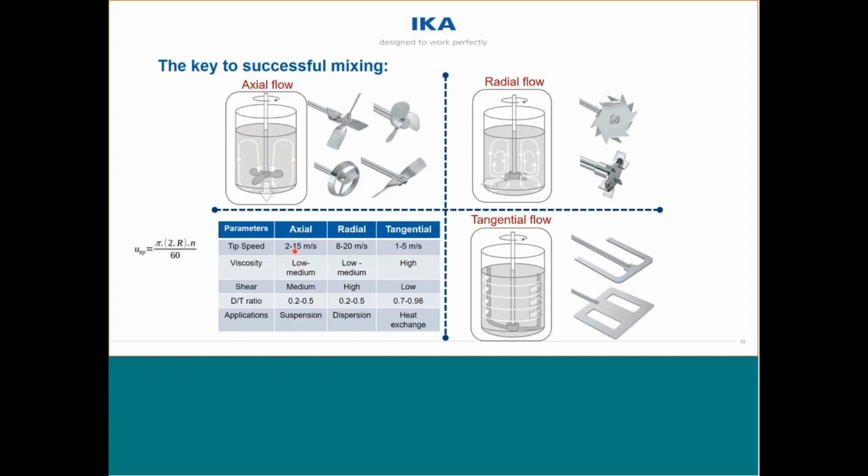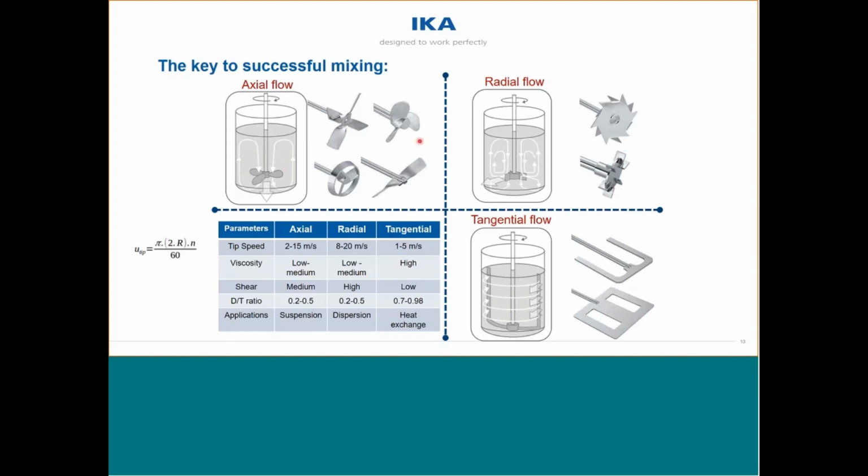How can we know the maximum RPM that can be used for the selected impeller? We can get it from the T-speed. From the T-speed, you can input into the equation the diameter of the impeller you use. You can then calculate the maximum speed recommended for your stirring element.